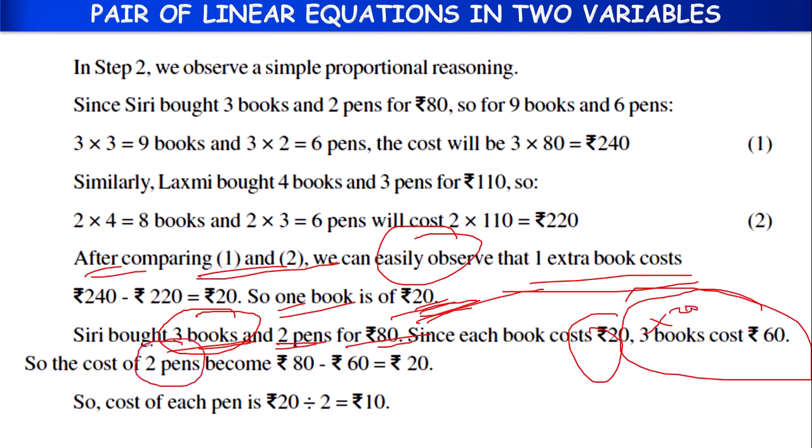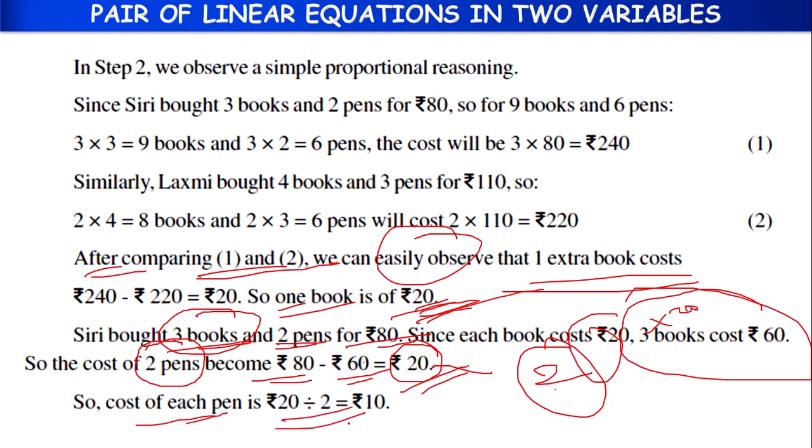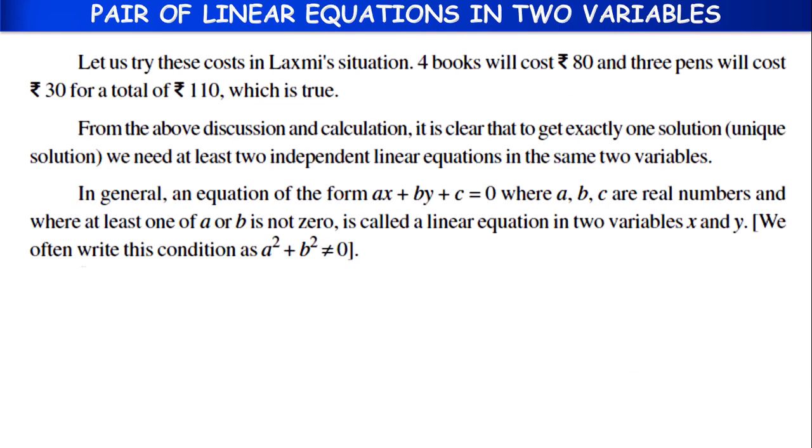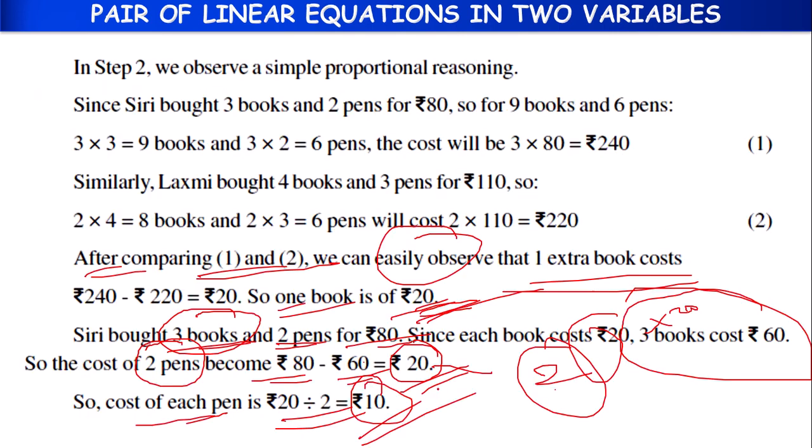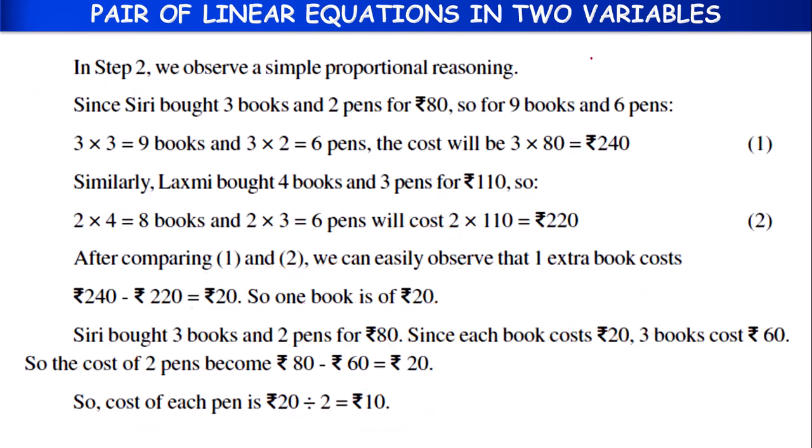So the cost of 2 pens will be, out of 80, 60 rupees for books, 20 rupees remaining. In the 20 rupees she has bought 2 pens. So 1 pen is 20 divided by 2, which is equal to 10. So by the model method, we got the notebook cost 20 rupees and the pen cost 10 rupees.